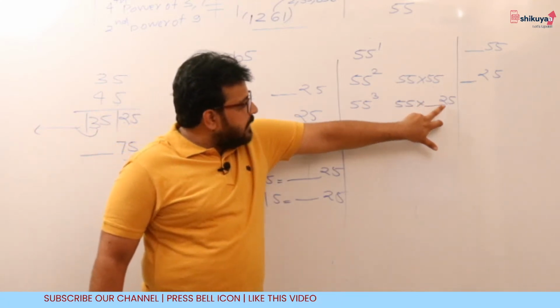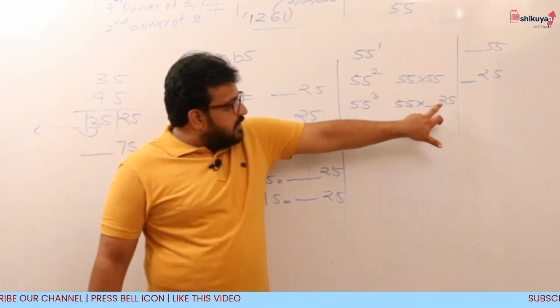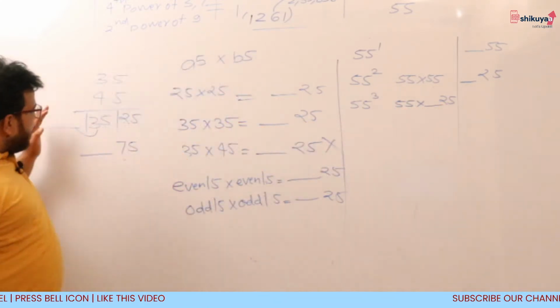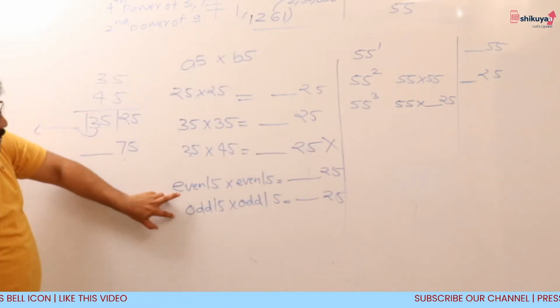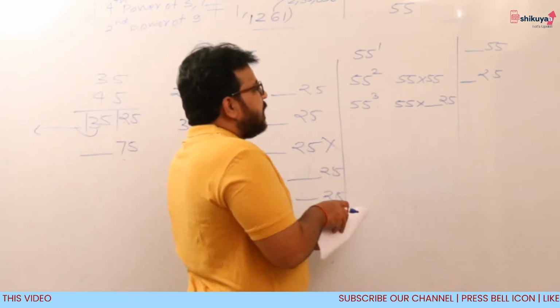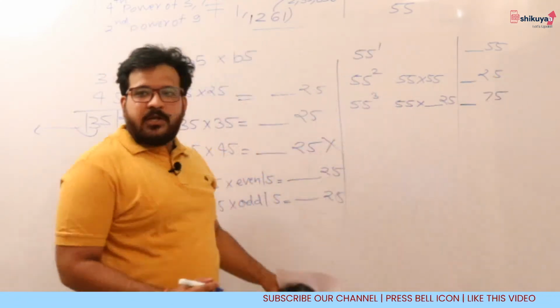Now here there is a number even and there is a number odd. The tens place value here is even and here is odd. So according to this, odd into even, the answer will be a number ending in 75. Are you getting my point?